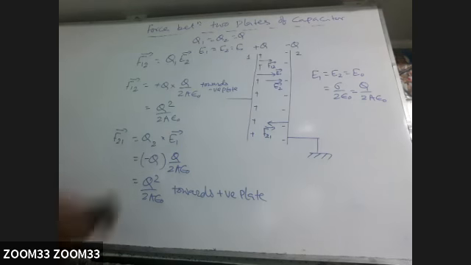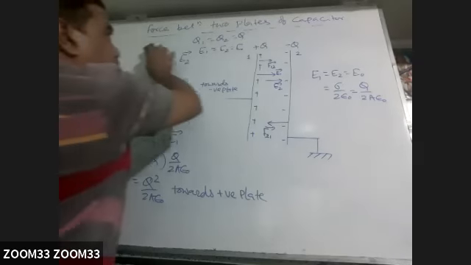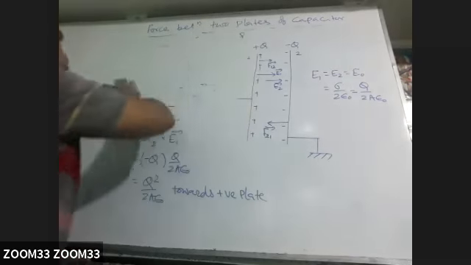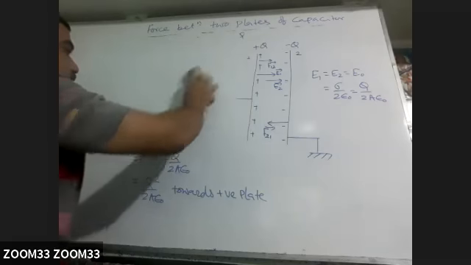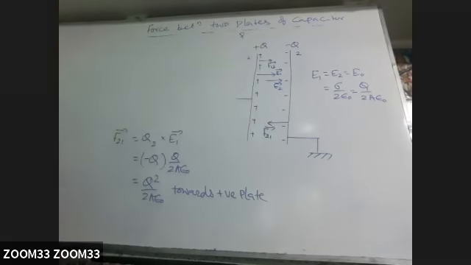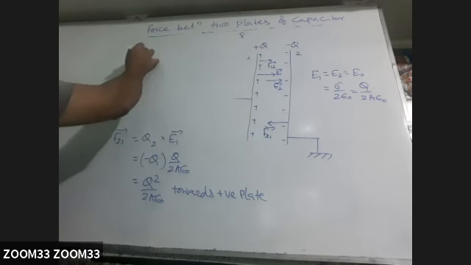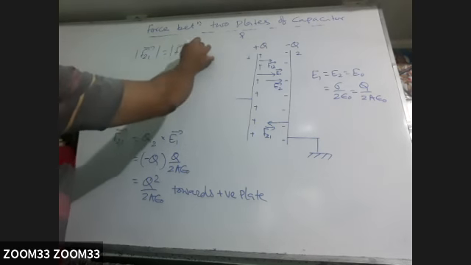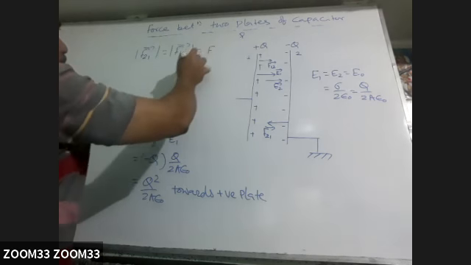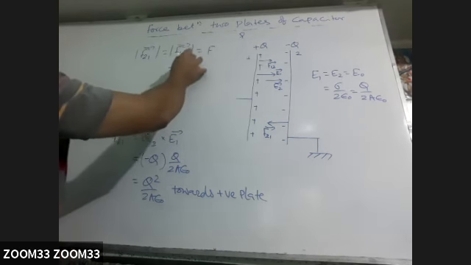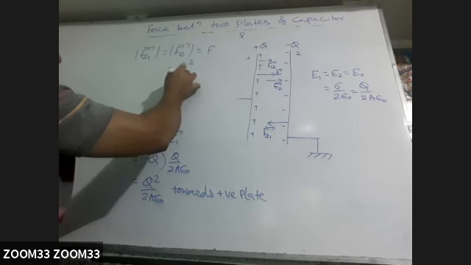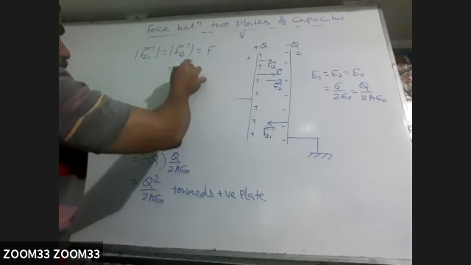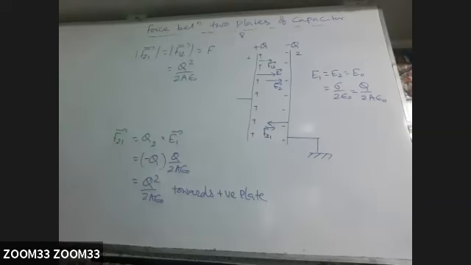So this F21 or F12, suppose it is F, and it will be Q square over twice A epsilon naught. So this is the force experienced.